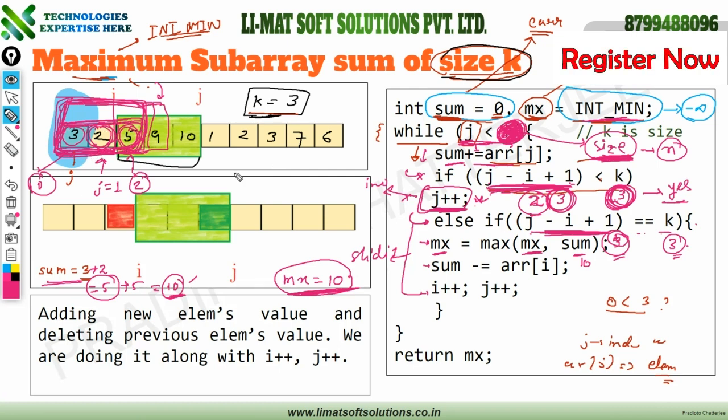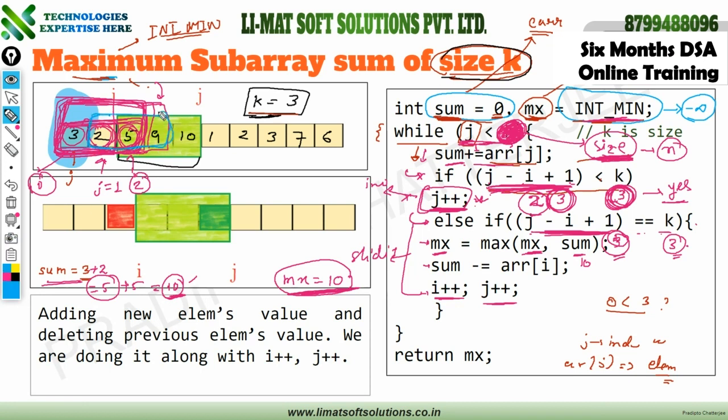Now to slide the window, I will simply increment the value of i and increment the value of j. So now the window will come right here. Before that, we also have to remember one thing: I have to exclude this part and include the new sum, because definitely I am including this sum beforehand.